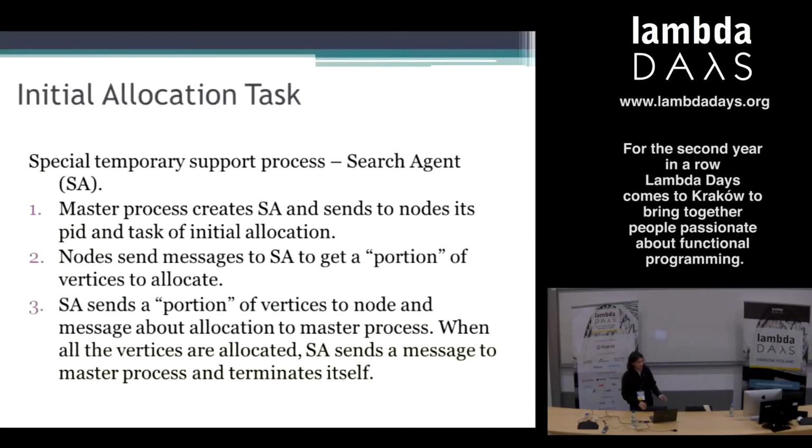The SA tries to find vertices which have minimum connections with other nodes. For example, if node 1 asked for a portion, the search agent will try to find as many nodes connected to node 1 as it can, but not to node 3, not to node 5, etc.